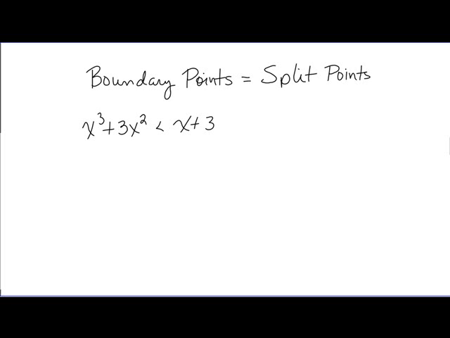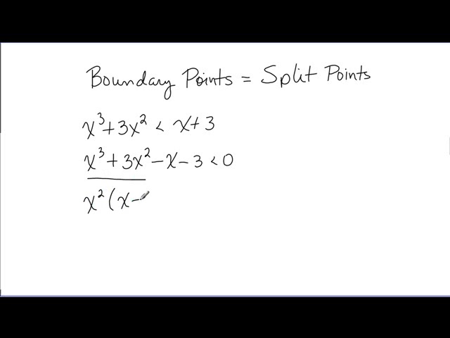We're going to start with a polynomial, and just like with what you've been shown in your text and on the other videos, you want to start by sliding everything to one side of this inequality. So we're going to make that a minus x and a minus 3 less than 0, and then factor, and we're going to factor by grouping.